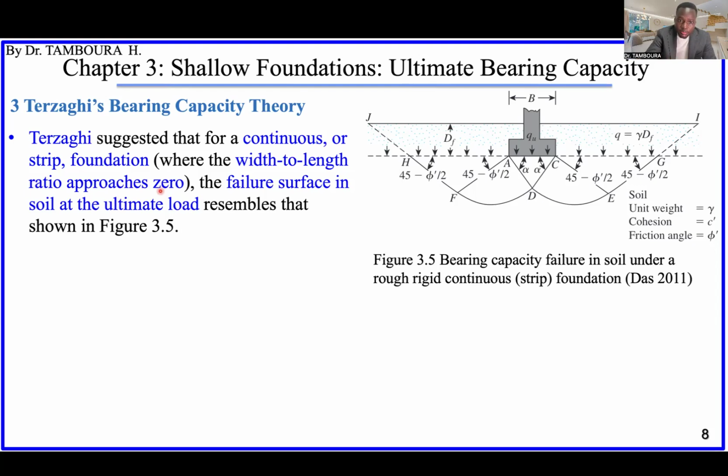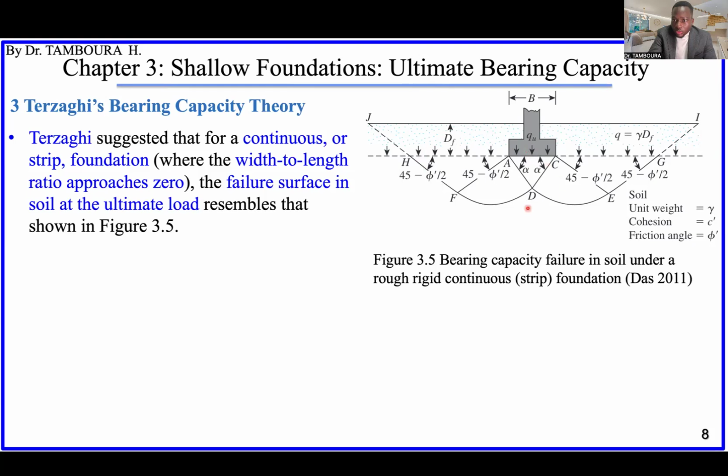At the ultimate load, the failure surface in the soil looks like this. If you remember from our previous video, this is what we call general shear failure.